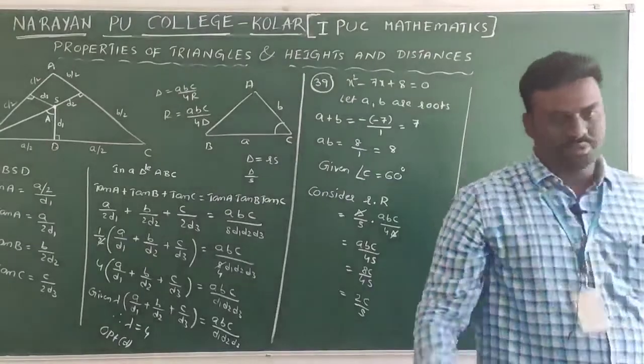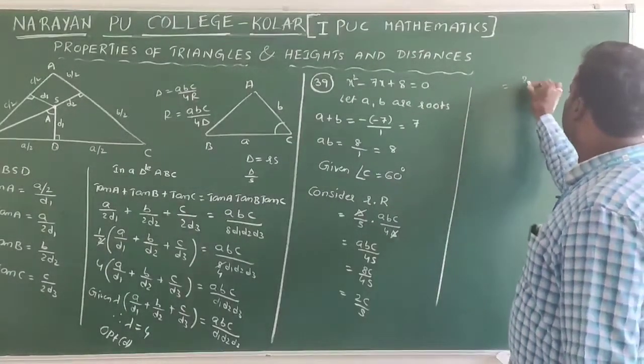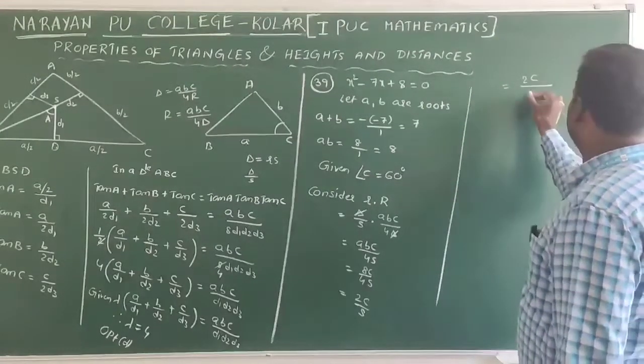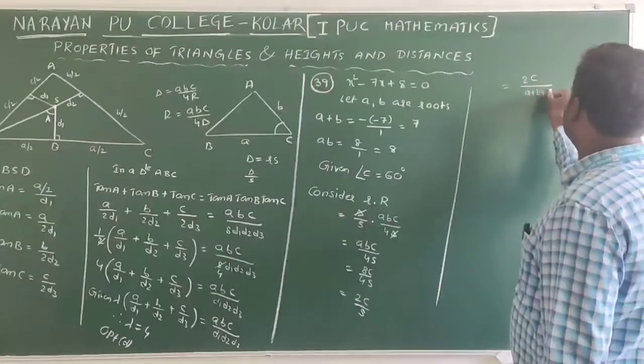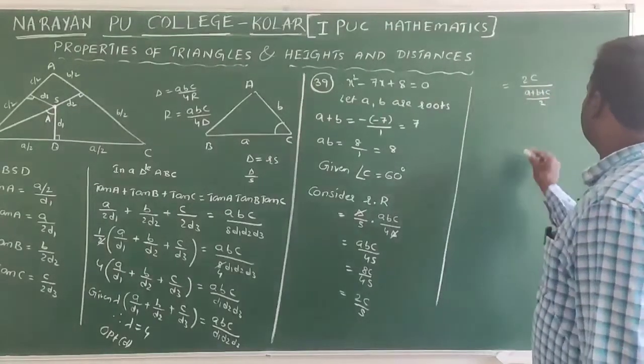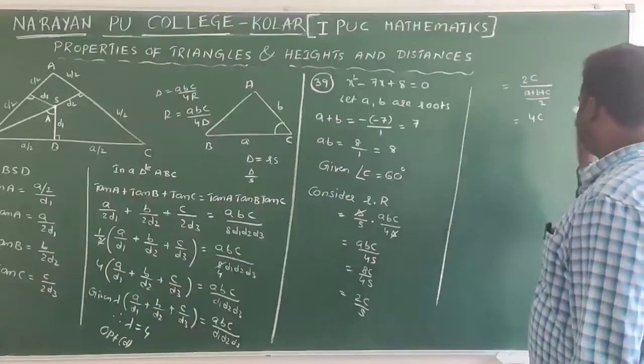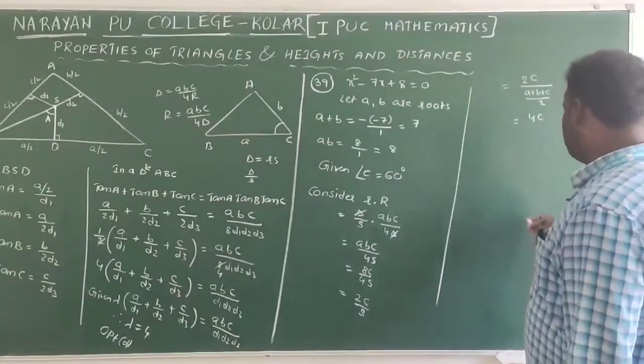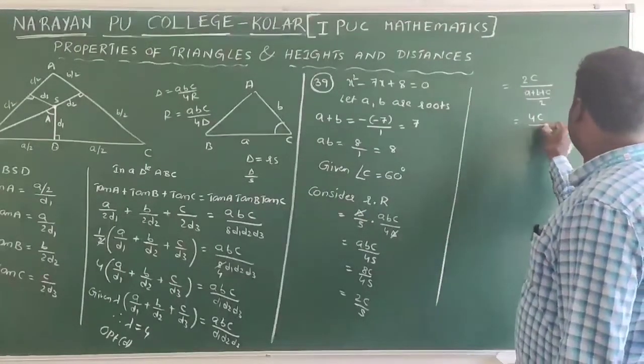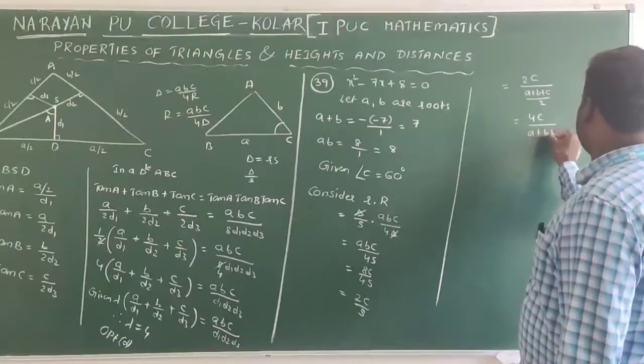S value I can substitute. That equals 2C by S value, A plus B plus C by 2. That is nothing but 4C by A plus B plus C.